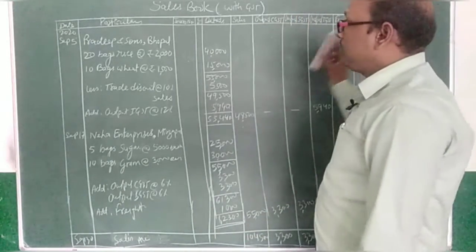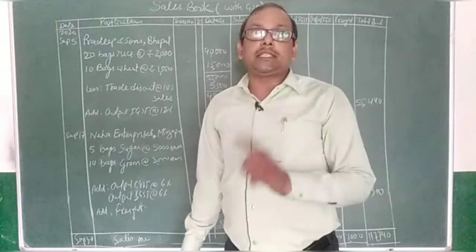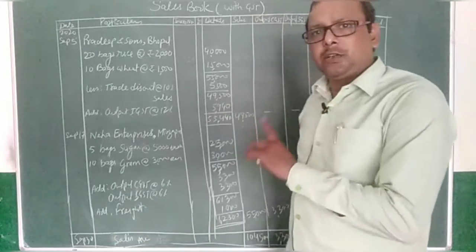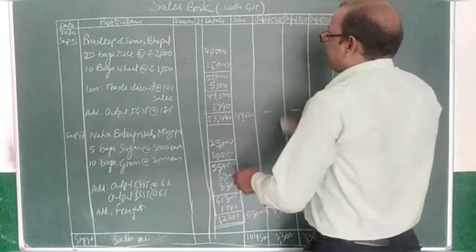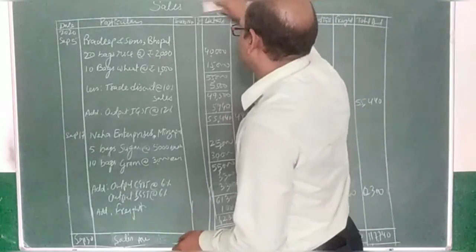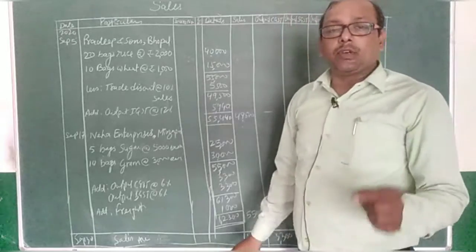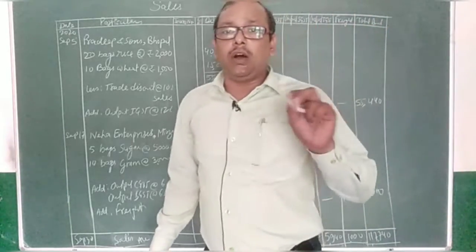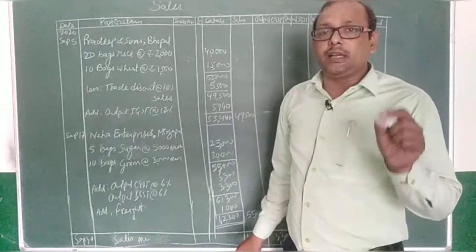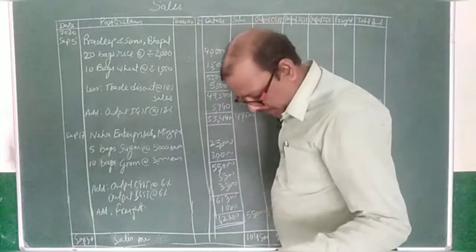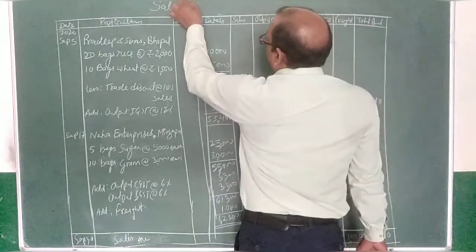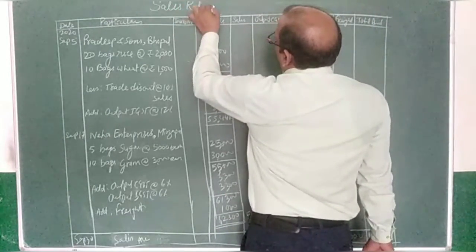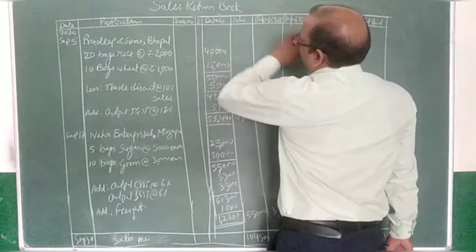Okay? I hope you all have understood this. Again, I am going to tell you how to prepare the sales return book. It will be similar to this only. Let's see what will be the changes. Sales return book is a book in which we record all the transactions related to returning of goods by customers.